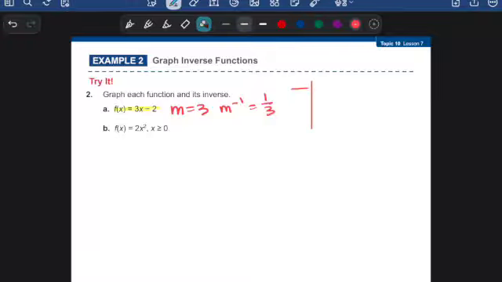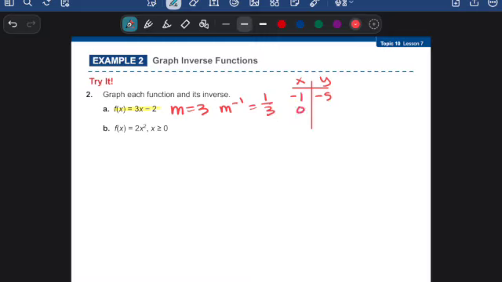So here's a table for f of x, x and y. I like to go a little bit to the left of 0 and a little bit to the right of 0 for my input values. We can choose our input values. So let's start with -1. When x is -1, if I plug it into the function, my output would be -5. 3 times -1 is -3, minus 2 is -5.